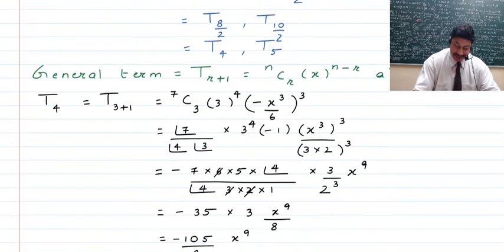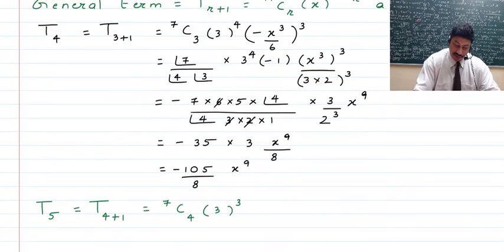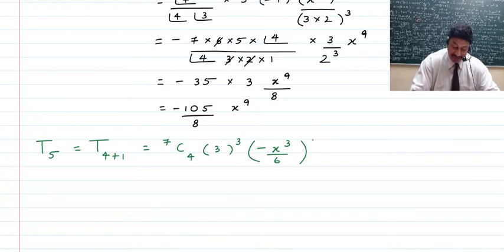The first term is 3, so we have 3 raised to the power of the difference of the numbers in the superfix and the suffix, that is 3, times we have minus x cubed upon 6, whole raised to the power of the number in the suffix, that is 4.